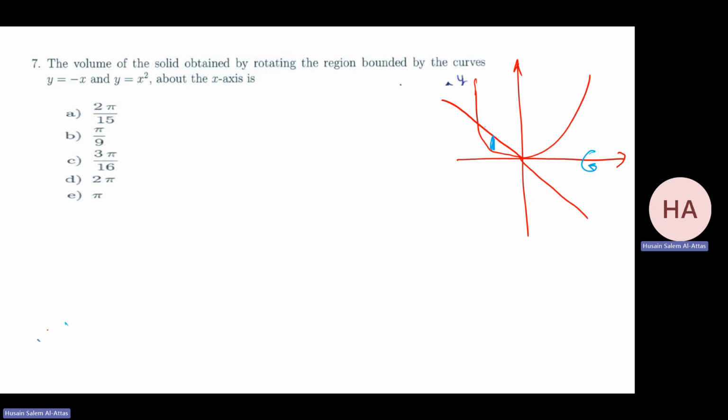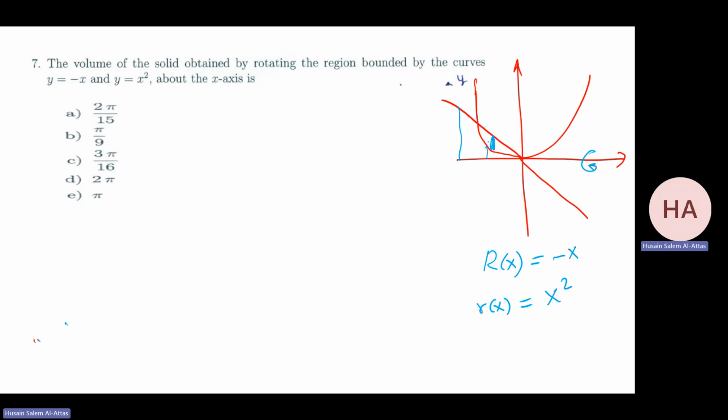Yeah. So I have capital R of x, which will be this one, minus x. Small r of x will be this one, which is x squared. From where to where?